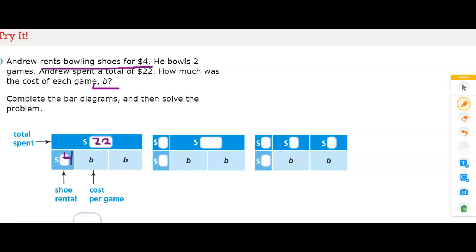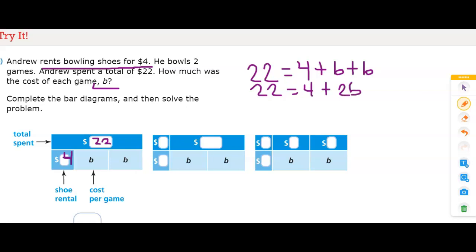So we have 22 is equal to $4 plus the 2 games that he bowled. So now we need to simplify this equation. So we have 2 B's here, so I'm going to rewrite it as 22 is equal to 4 plus 2 times B.